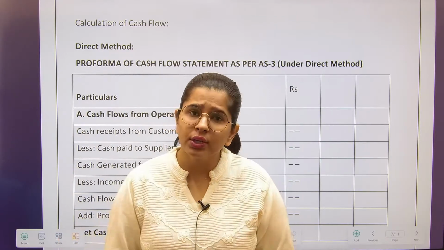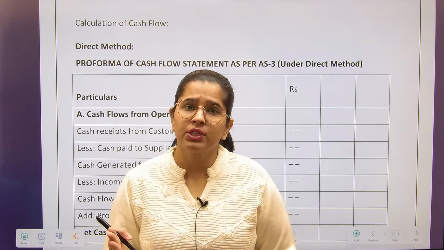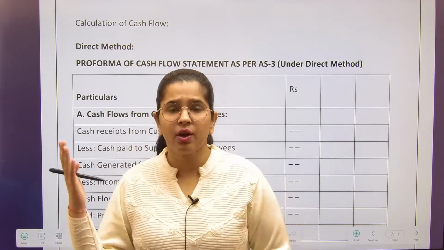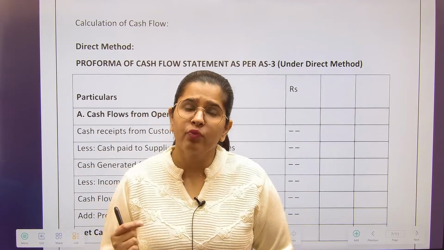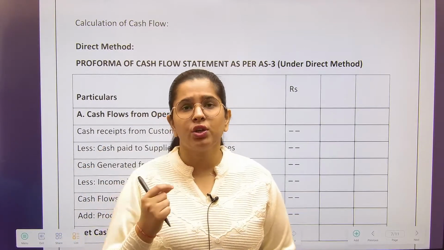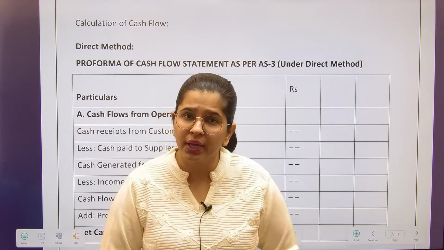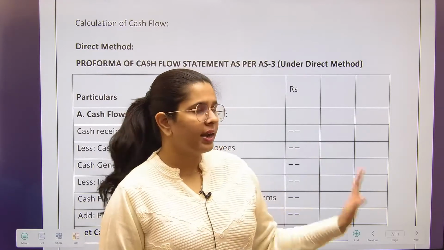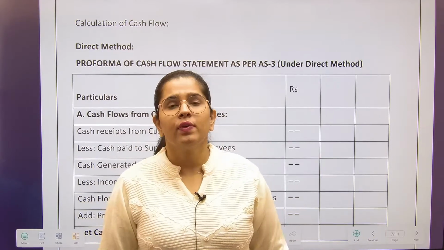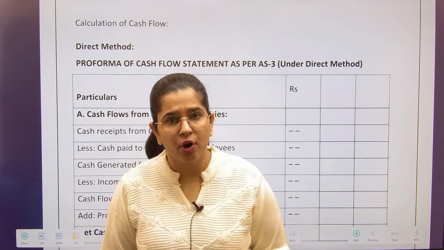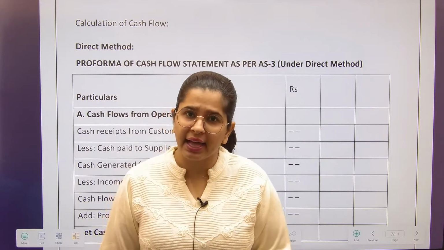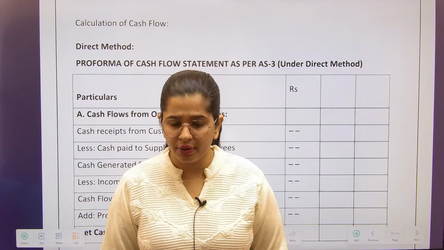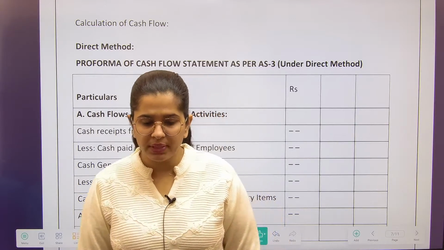I will also discuss why these particular items are classified into operating, investing or financing, and what is the logic behind the addition or subtraction we are doing in the cash flow statement. Once you understand the whole process, how the format is designed, you will be able to solve any question which comes your way, right? So I hope this is clear to you.